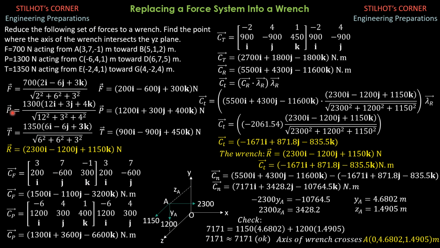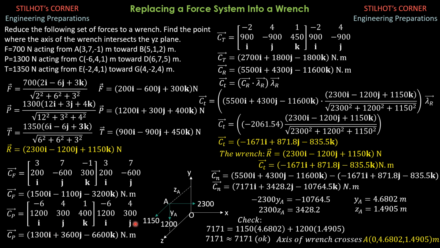For the moment of the force P about the origin, we have OC cross P, so negative 6, negative 6, 4. Then the force P is 1200i, 300j, 400k. Then i, j, k, copy the elements of the first two columns. So we have 4 times 400, 1600i minus 300, so 1300i.